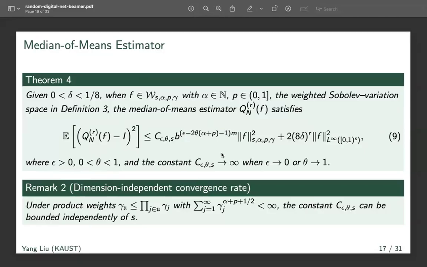But you do not precisely reach the idealized rate, which would be n to the minus 2 alpha plus p minus 1. You need to divide by 2, so the rate is actually alpha plus p and the Monte Carlo speed of 1/2. Yes. Okay, I see.